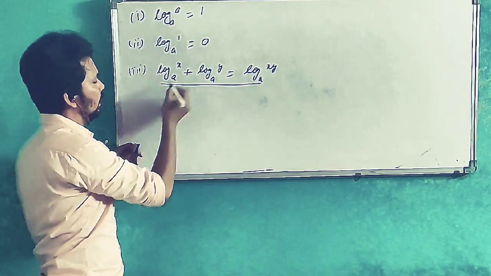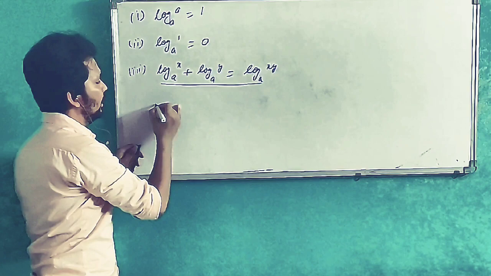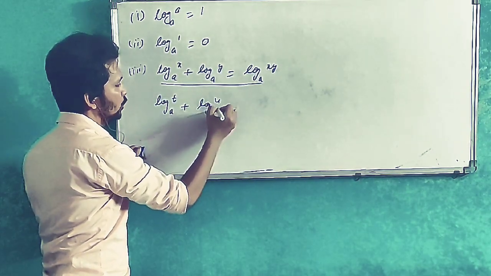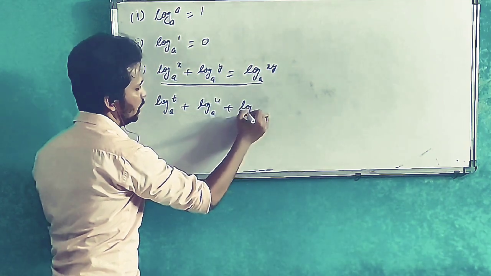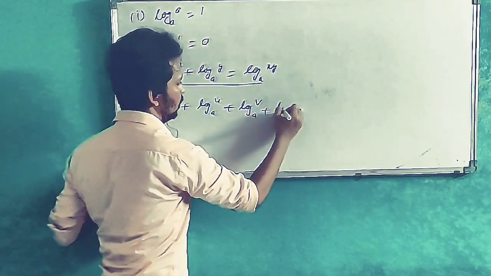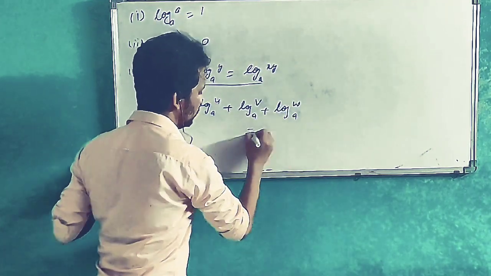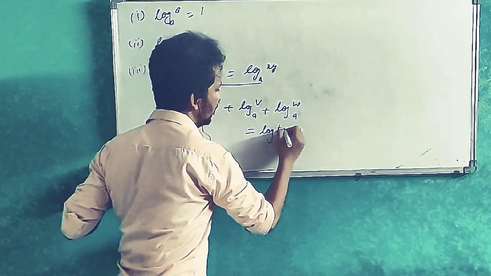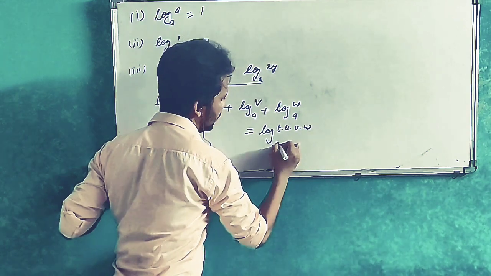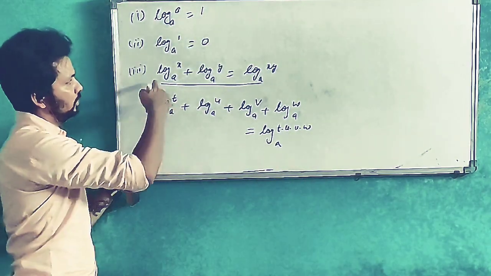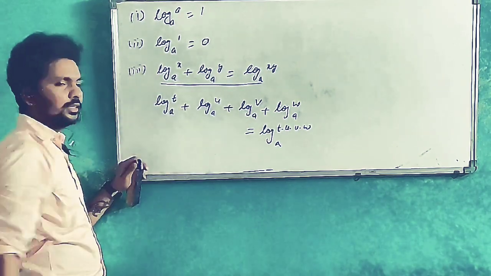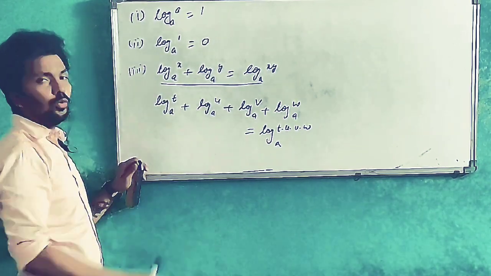Like, if I have log t base a plus log u base a plus log v base a plus log w base a, this can be written as log t into u into v into w base a. So the third property is not limited to 2 terms, but can be expanded to many numbers also.